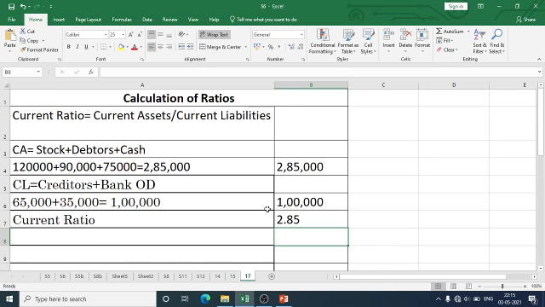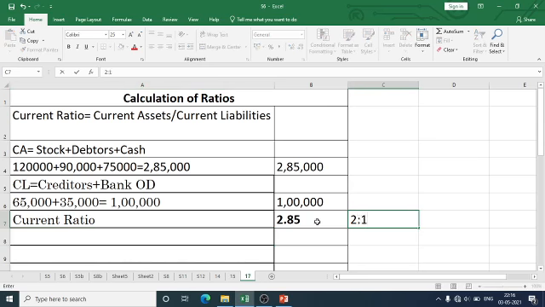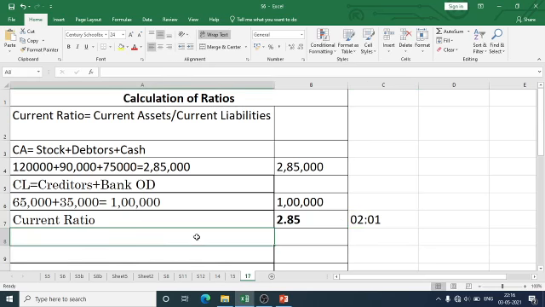So one ratio we calculated, 2.85 will be the current ratio. The ideal current ratio is actually 2:1. At least you should have twice the current liability, but here the current ratio is more than the standard ratio. If we write the standard ratio, it will usually be 2:1, but here it is 2.85:1, so it is above the ideal or standard ratio.